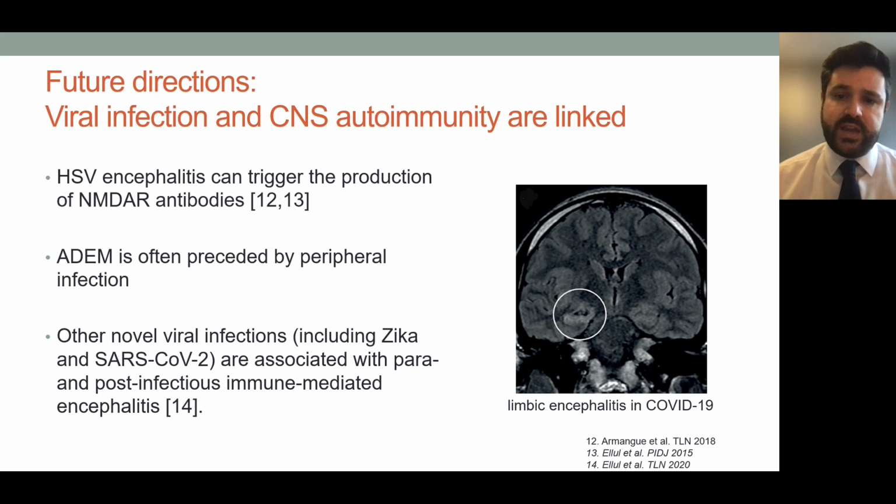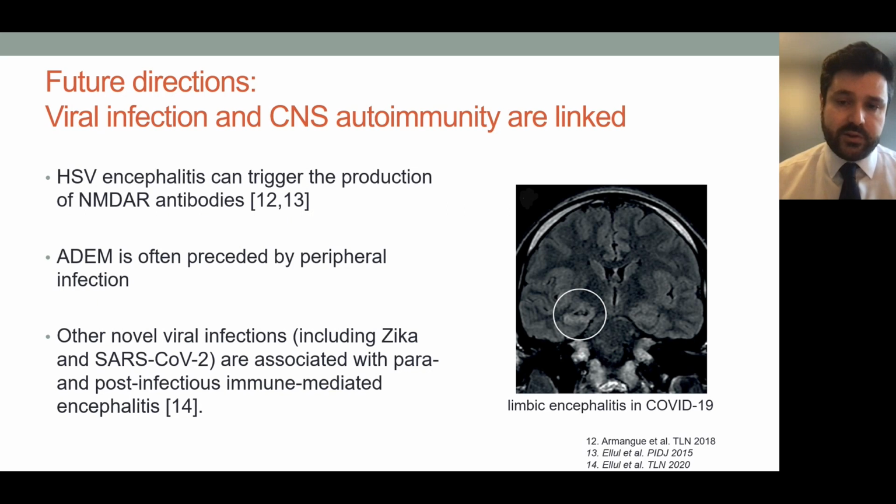And over the past few years, we've seen from our work and others' work that novel viruses, including Zika virus and SARS-CoV-2, can be associated with central nervous system pathology. And a lot of this is likely to be immune mediated. So from this work, we've seen how the response to viral infection is crucially dependent on aspects of the host immune response.